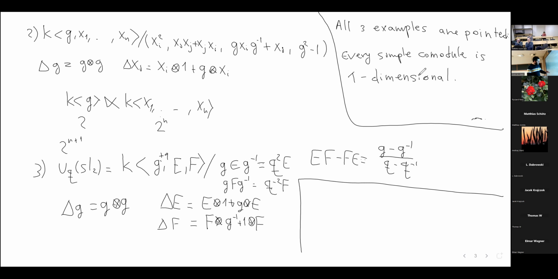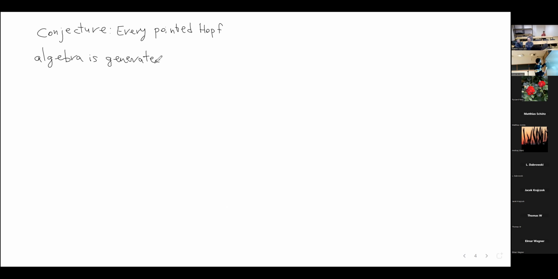So we have the following conjecture, which was mostly studied by Andruskiewitsch and Schneider, but also many other people: every pointed algebra is generated by group-likes and skew primitives.